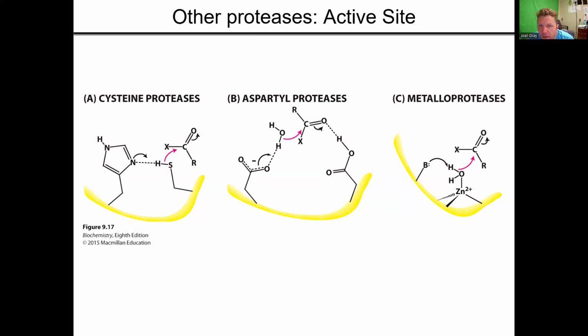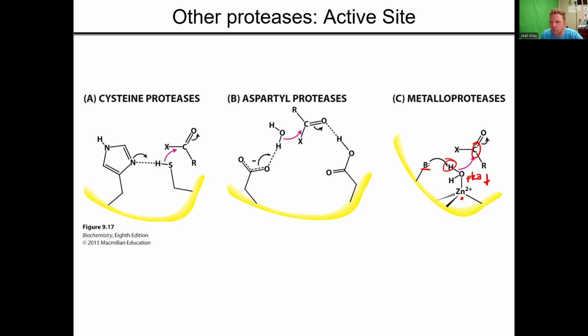We saw with carbonic anhydrase what happened, but here, in this model, if this zinc ion coordinates this water molecule, that makes this base so much more capable of picking up this proton because this water has a lower pKa. When that water has a lower pKa, now all of a sudden this lone pair of electrons, or this bonded pair of electrons, can go and pick up this carbonyl carbon.